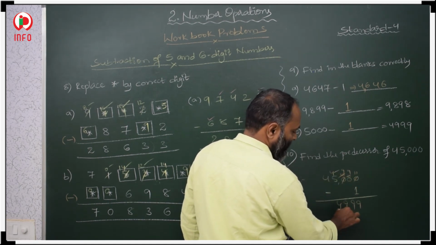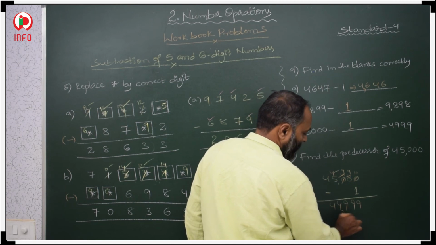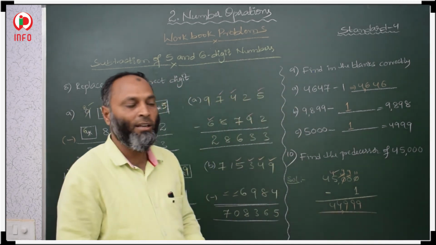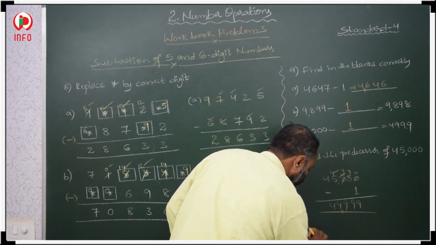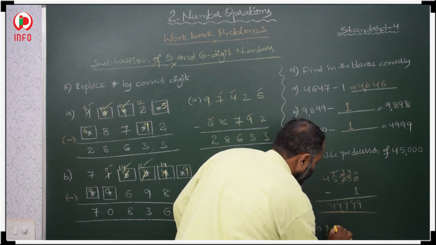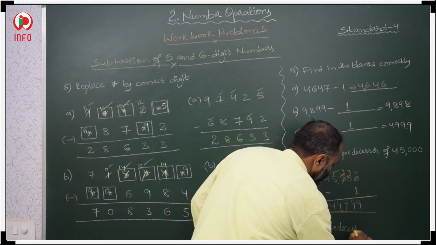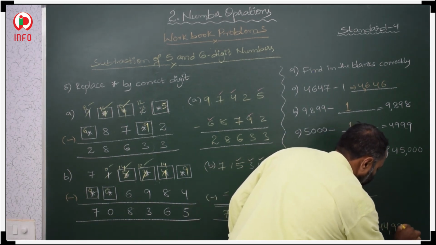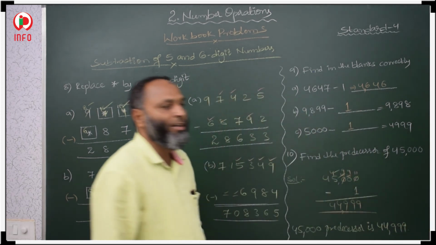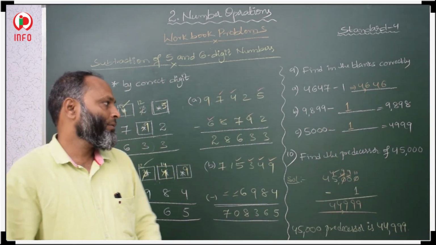In this row 4. 44,999. Predecessor of 45,000 is 44,999. Okay.